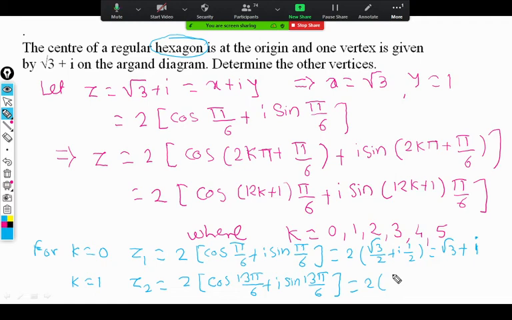Because if you take k equal to 2 also, it is 25 pi by 6. You are getting the same root again and again. What is the mistake we made here? We are writing this same complex number in a general polar form, and again we are finding the particular value, so we get the same answer again and again.